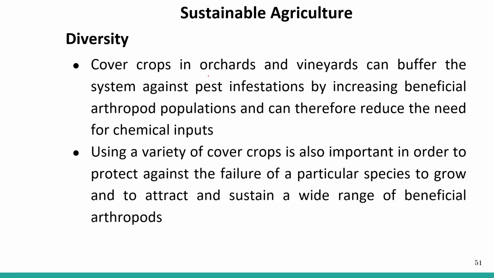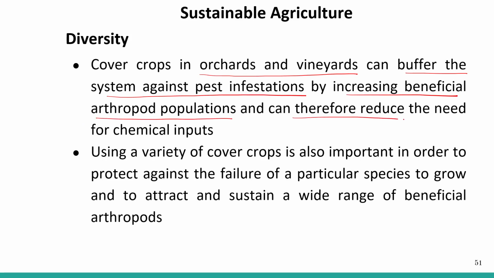Cover crops in orchards and vineyards can buffer the system against pest infections by increasing beneficial arthropod populations and can therefore reduce the need for chemical inputs. There are so many arthropod insects that harm our crops, right?